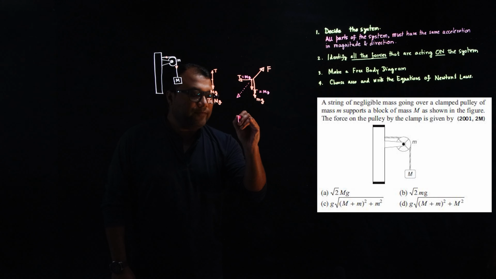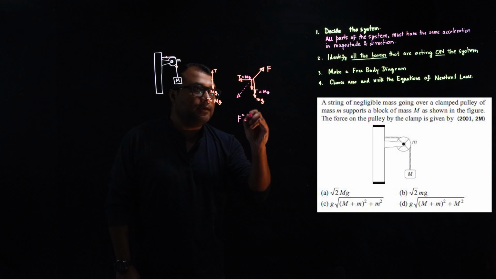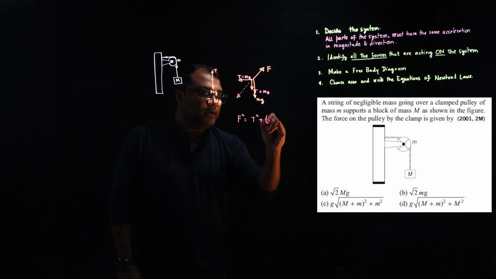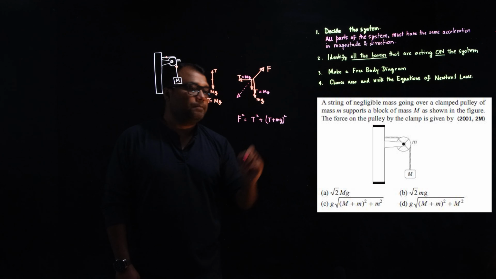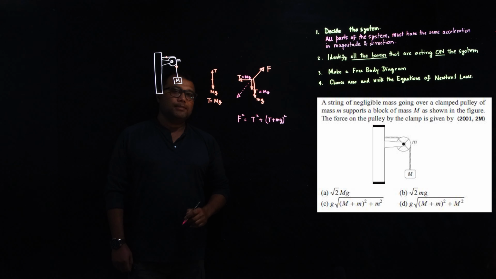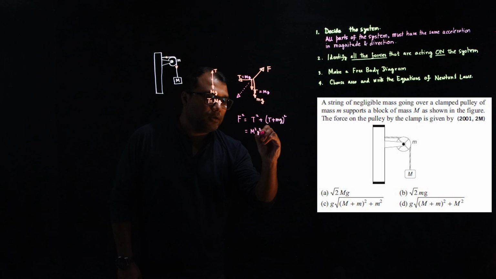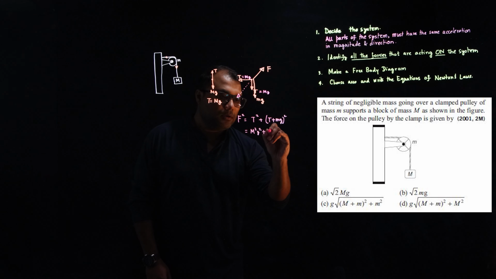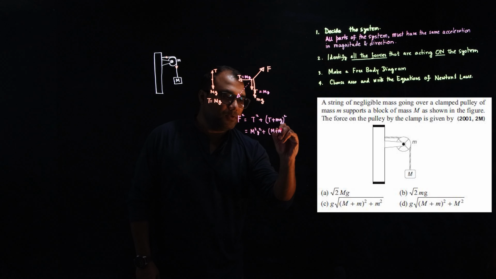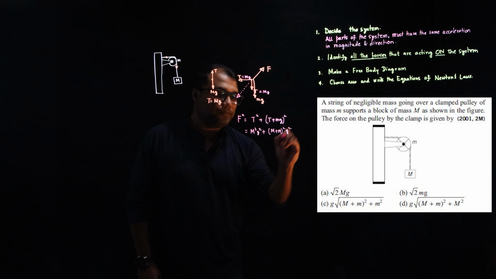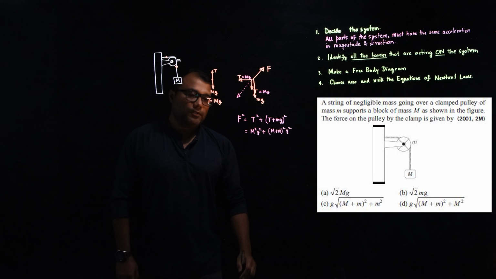So we can write F squared is T squared plus T plus small mg squared. Making sense? So F squared is M squared g squared plus M plus m squared g squared.